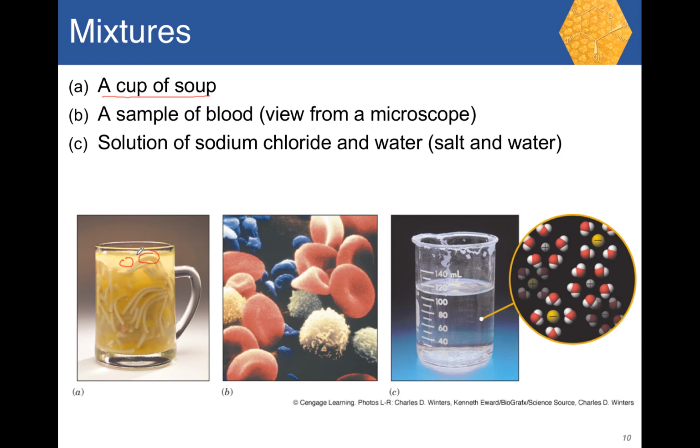The next example here is blood, especially for the students who are in the medical field. You will see that quite a bit. So looking at blood, that's a tricky one, because it appears as if it's uniform throughout, just looking at it with the naked eye.